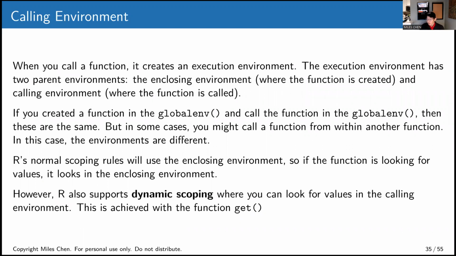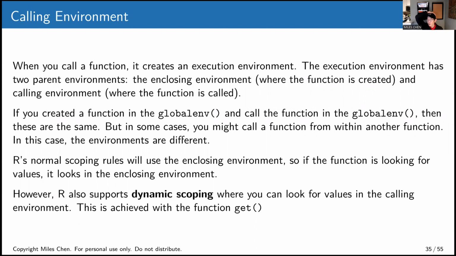When you call a function, it creates an execution environment. The execution environment has two parent environments, sorry: the enclosing environment where the function is created, and the calling environment where the function is called. If you create a function in the global environment and then call the function from the global environment, then the calling and the enclosing environment are the same.